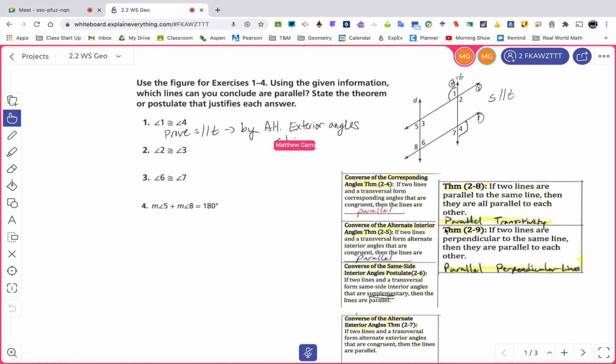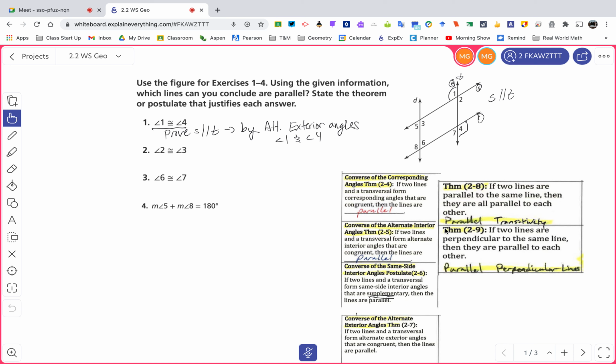So they are parallel because angle 1 and angle 4 are alternate exterior angles, and they are congruent. Essentially that's what you're going to do for 2, 3, and 4.